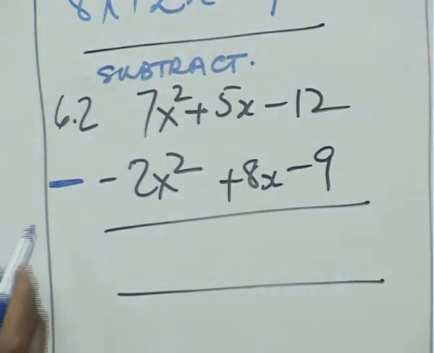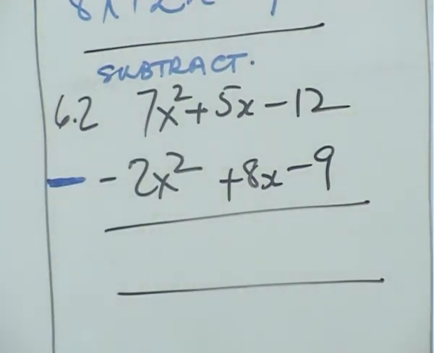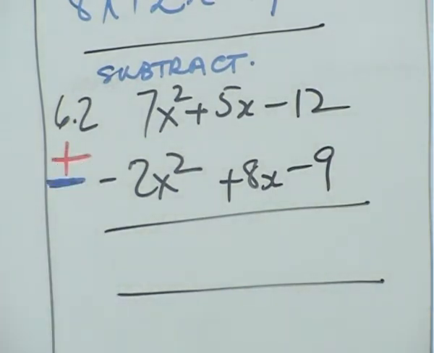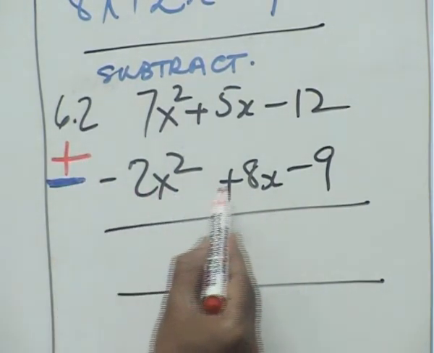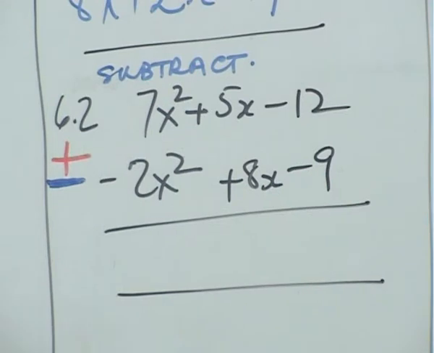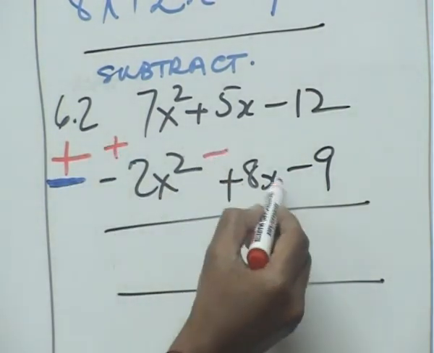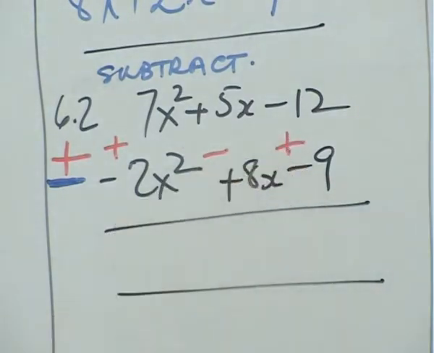So, step 1, change the subtraction sign into an addition sign. So, we're going to do that first. So, that becomes plus. Step 2, change all the signs in the bottom to its opposite. Minus becomes plus, plus becomes minus, minus becomes plus.